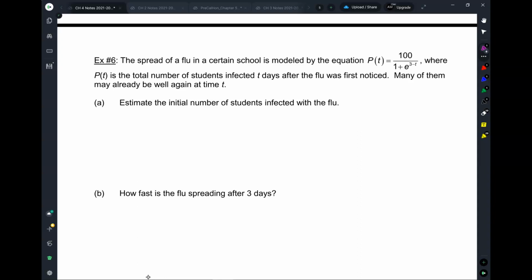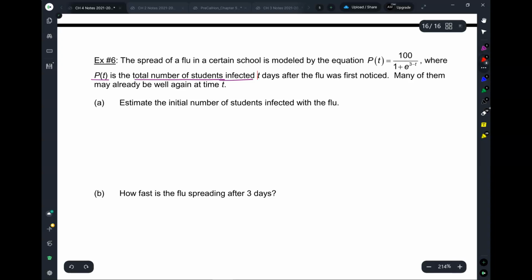All right. Word problems. The spread of a flu season in a certain school is modeled by this equation, P of T, where P of T is the total number of students infected.